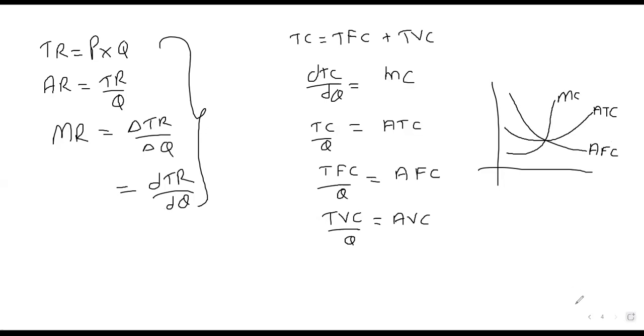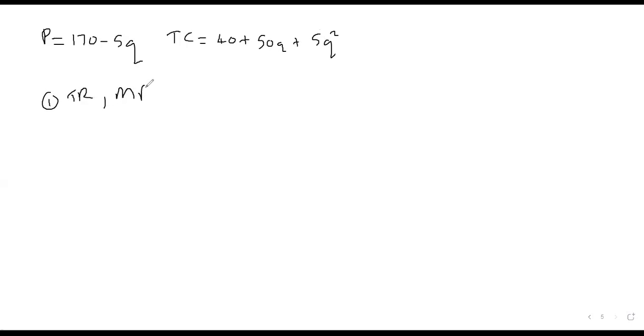So you'd be given a function now. For instance, price is equal to 170 minus 5Q. You're given the total cost as 40 plus 50Q plus 5Q squared. You're told to find 10 things. Number one, find the total revenue. Number two, find the marginal revenue. Number three, find the average revenue.